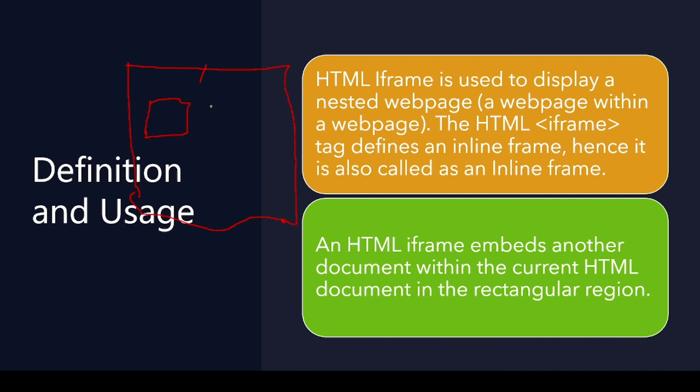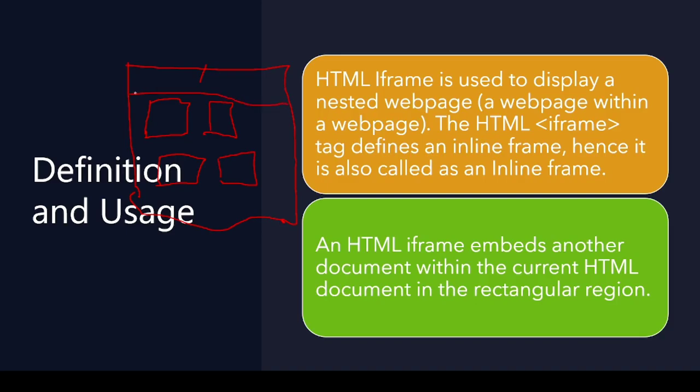Or we can create many iframe pages in our one web page. It means we can create as many iframes as we want, or we can also make it pop up.